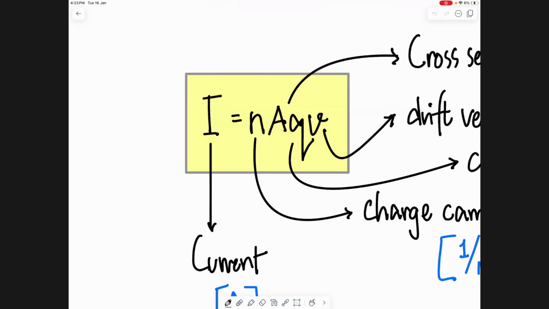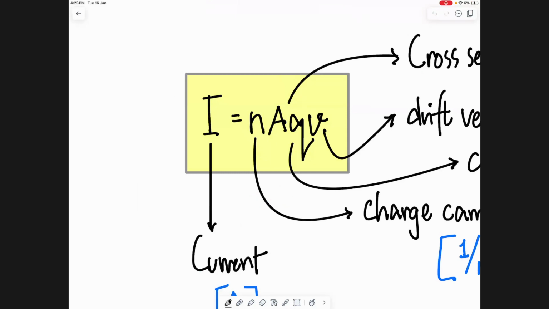Wouldn't that allow more charges to flow through with more ease? So the current increases. If Q increases, obviously I increases because the charge increases. And if your drift velocity increases, then your current increases. How can drift velocity increase? It depends on whether your material has too many or too few obstructions. Materials that are not that dense will have a higher drift velocity because the particles can move around more freely.